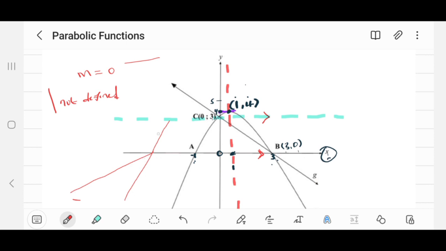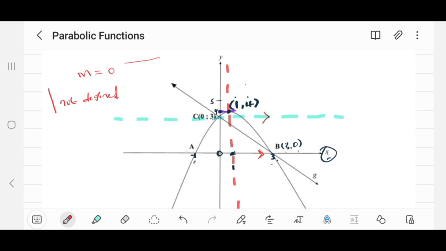So the more it goes up, the more the gradient goes up. But you can't climb a straight wall when you are walking, so it does not have a gradient. I think that is the best way that I've explained it.